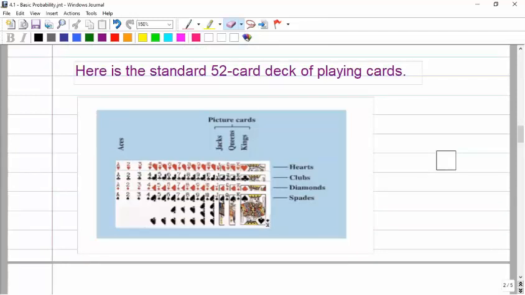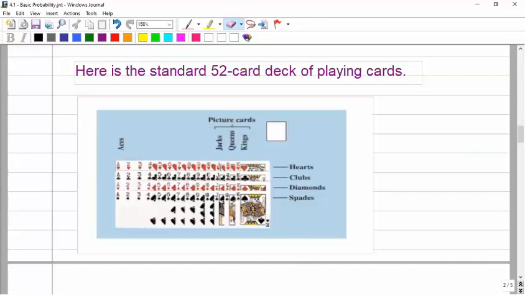This is what your standard 52 card deck of playing cards looks like. We have what's called 4 suits: hearts, clubs, diamonds, and spades, by their symbols. And you see that half of them are red and half of them are black. The A is called an ace. And then these 3 picture cards, or face cards, it's the same thing.